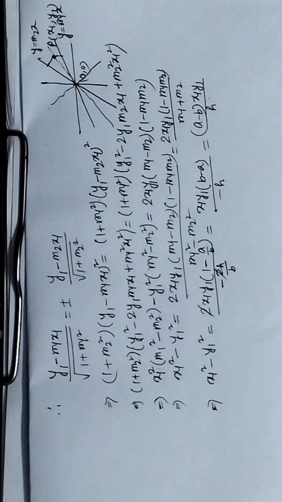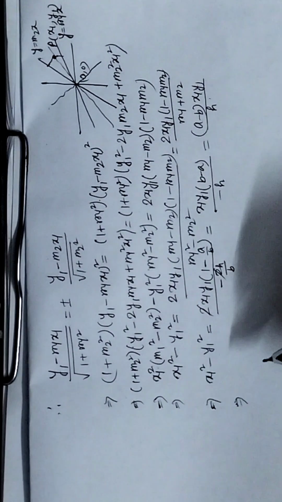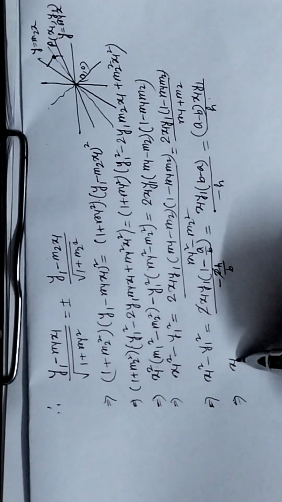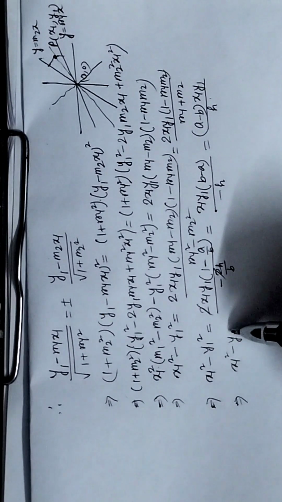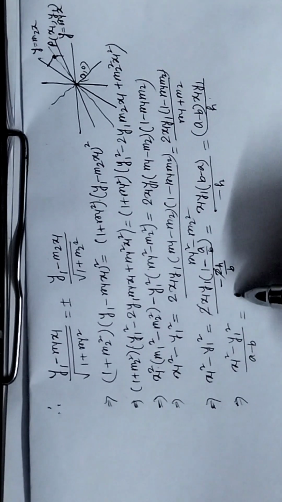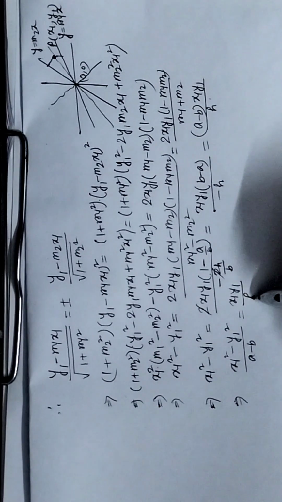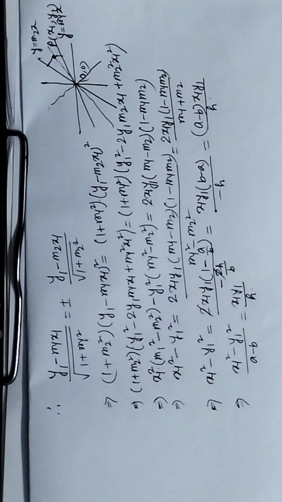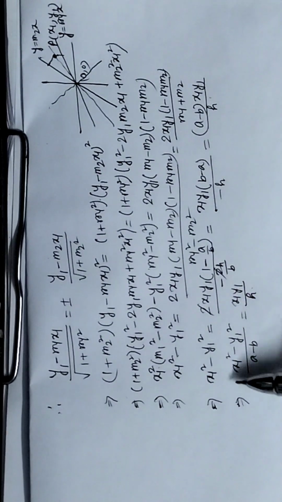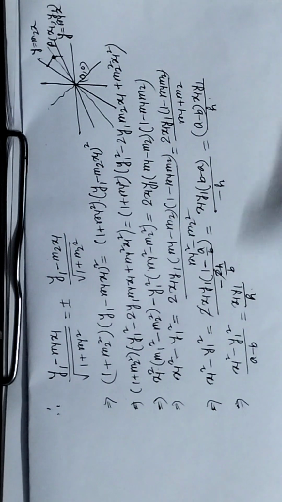Okay. So now this can also be represented as x1 square minus y1 square by a minus b equals to x1 y1 by h. So look students, this is the locus of the point P x1 y1, right? Which will give you the equation of the bisector.